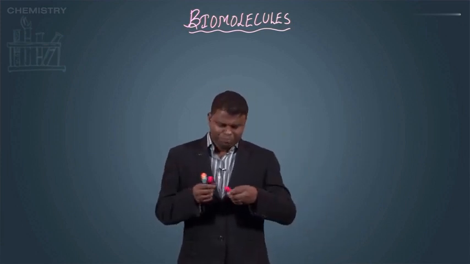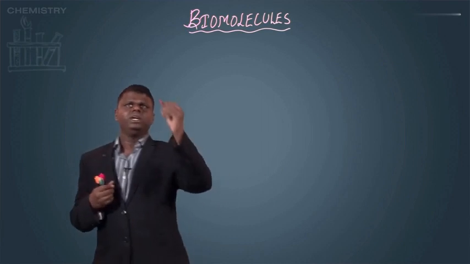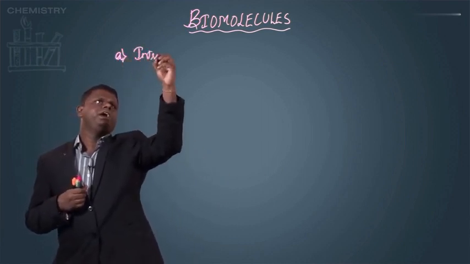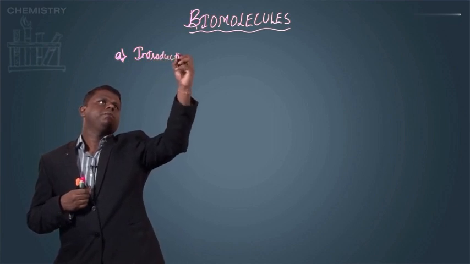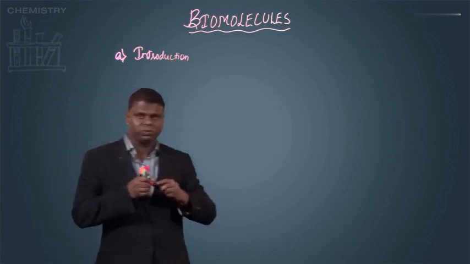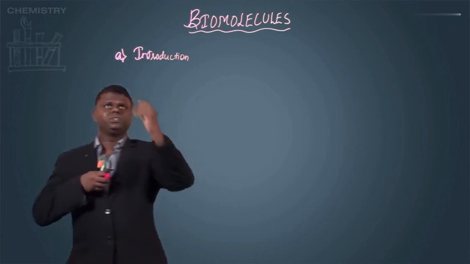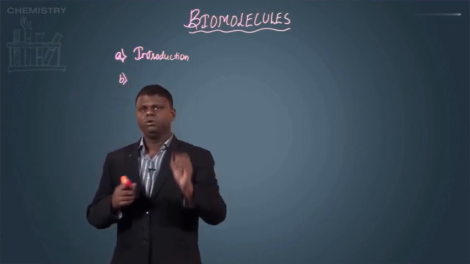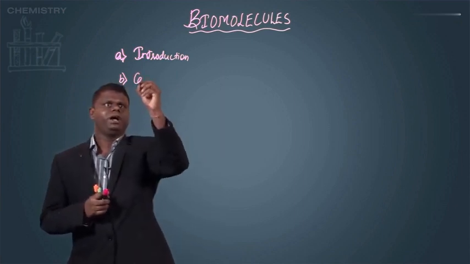Okay, so now the session flow is going to be something like this. We'll be starting with the introductory part. Introduction is going to be the first one, and then the next is something which you already know: you will be studying about carbohydrates.